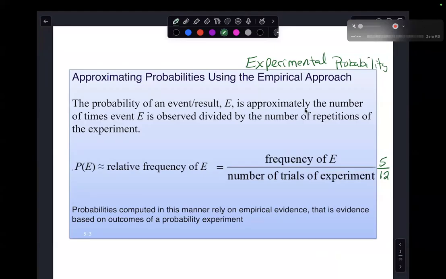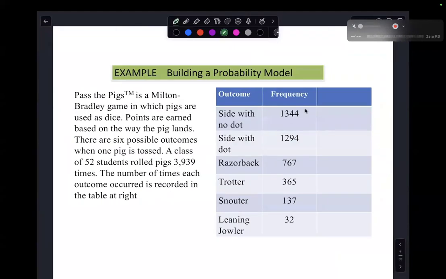All right, next one. Okay, so here is an example right here. I don't know if you've ever played the Pass the Pigs game. It is pretty cool. I play it in my classroom when I'm teaching stats at the high school. Anyway, so you get points based on how the pig lands. And there's 6 possible ways that the pig can land, and these are all 6 of them.